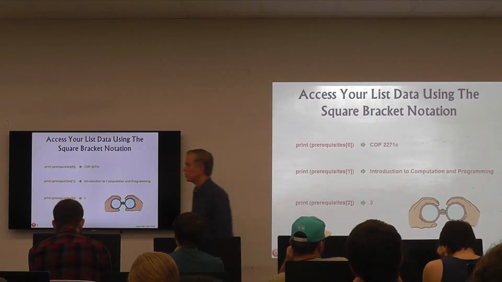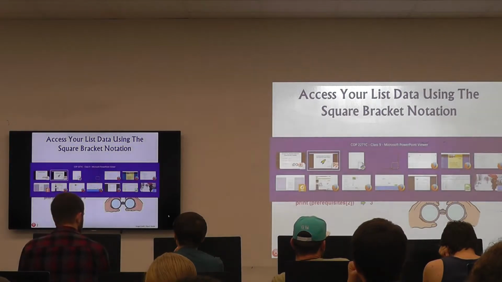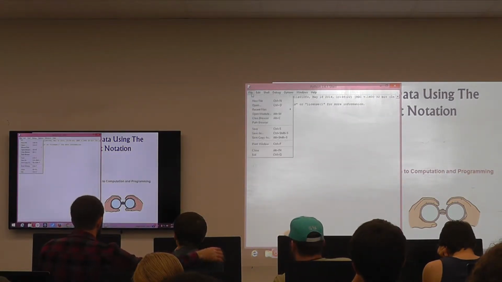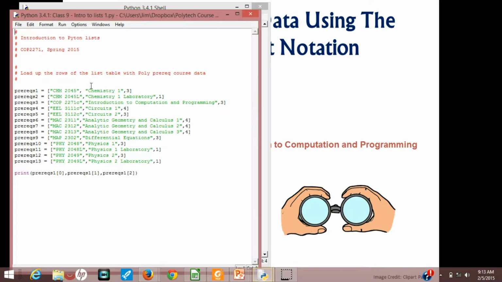So let's see what this would actually look like in Python code, shall we? Poof! All right. That looks like a lot of coding. What's up with that? So load up rows of the list table with the poly prerequisite data.